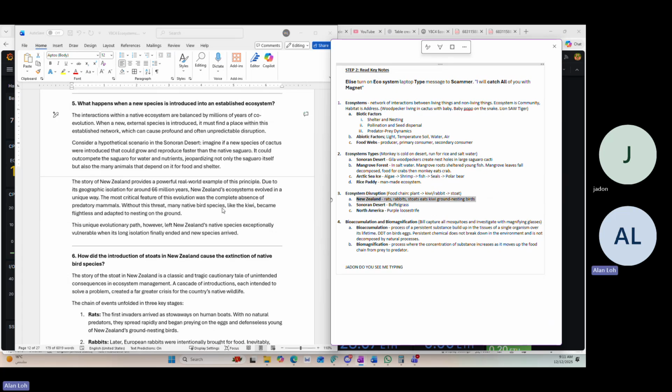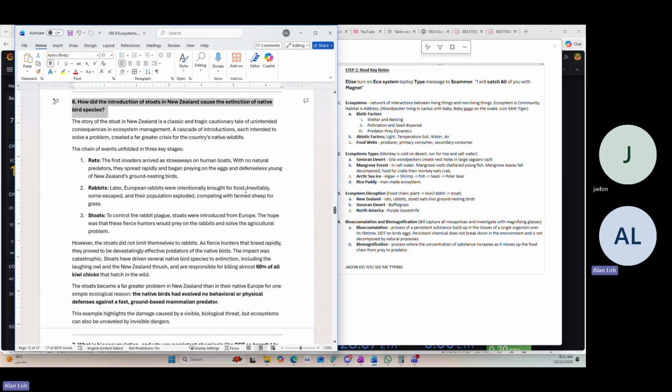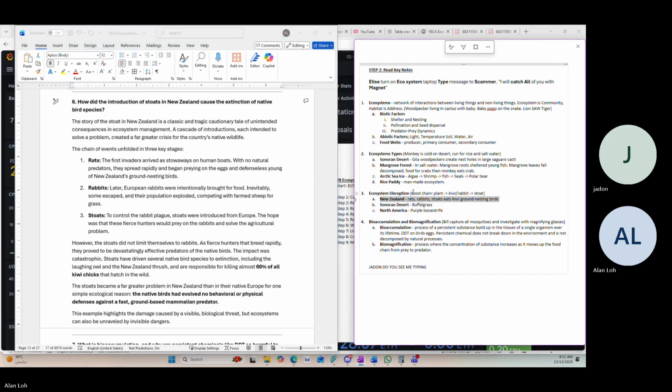Okay, next, read the question. Tell me which drawer. How did the introduction of stoats in New Zealand cause the extinction of native bird species? Which drawer? 3. Excellent. And also at this point, New Zealand. Okay.